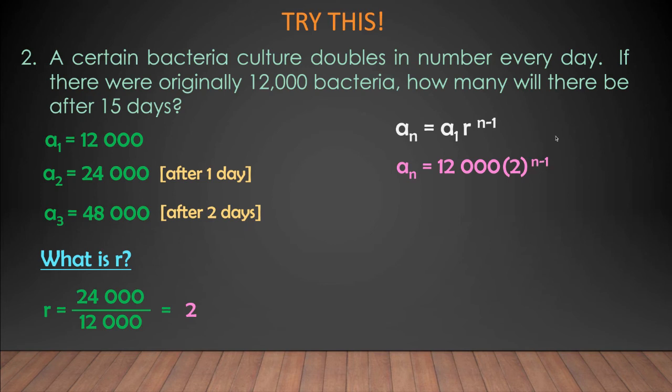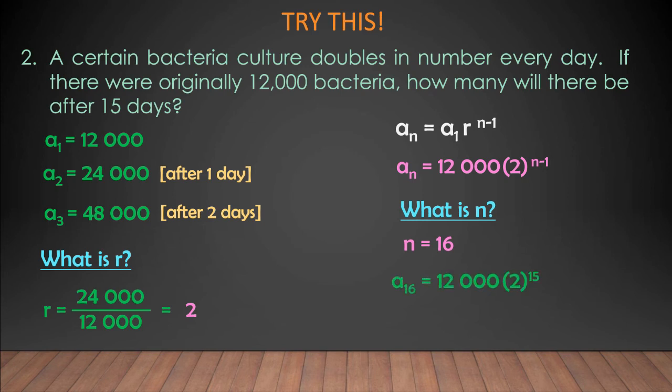Now, what is our n equal to here? How many terms do we have here? After 15 days, that's 15 already, plus the original 12,000, the starting population of the bacteria. Therefore, our n here is 16. There will be 16 terms.